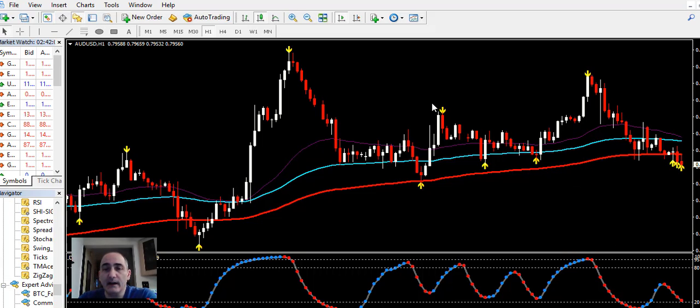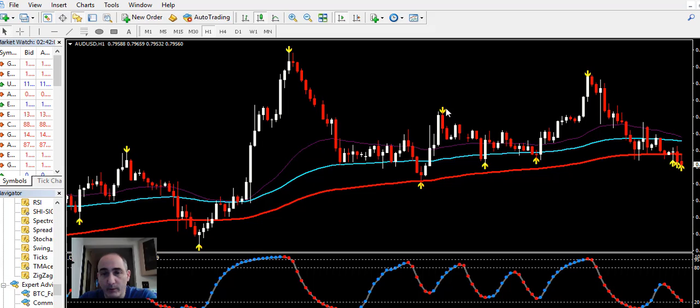Also, the second signal here is when this arrow forms above this candle pointing down, that tells us to get out of the trade as well. Okay, so that's a signal that it's getting ready to turn and we need to get out of the trade.